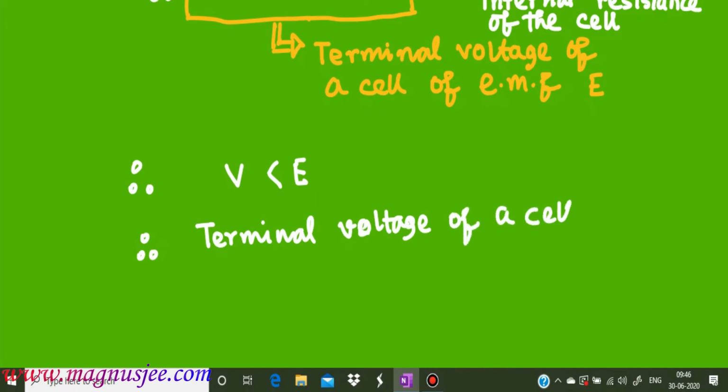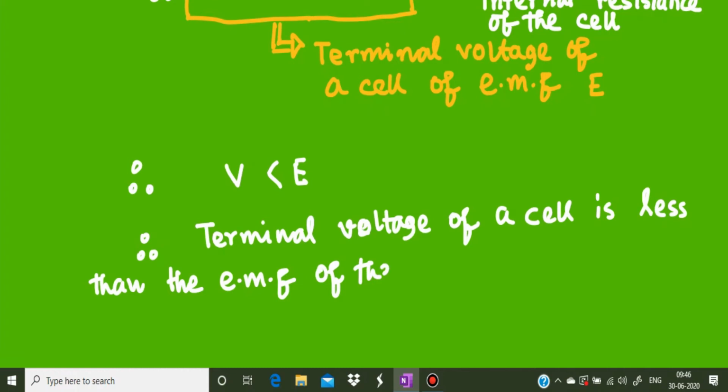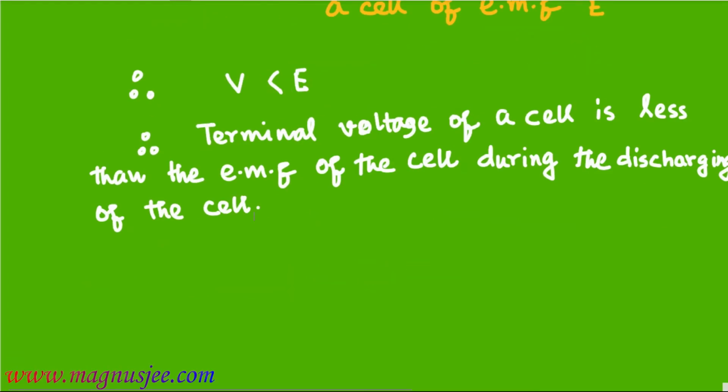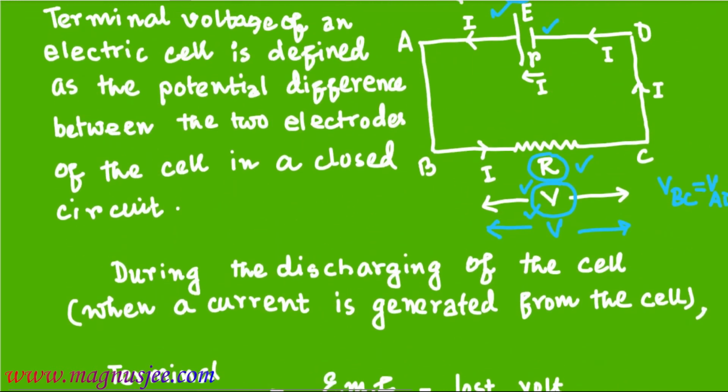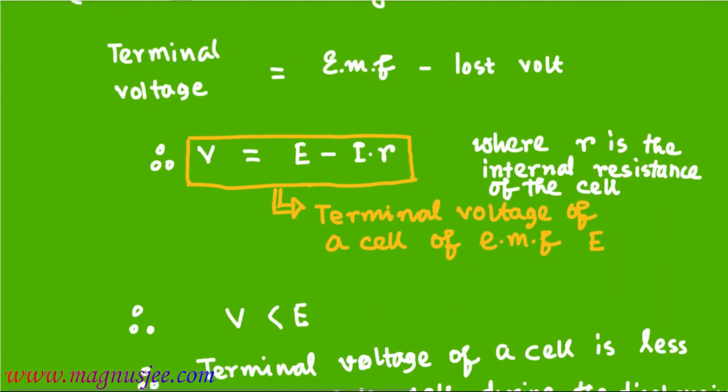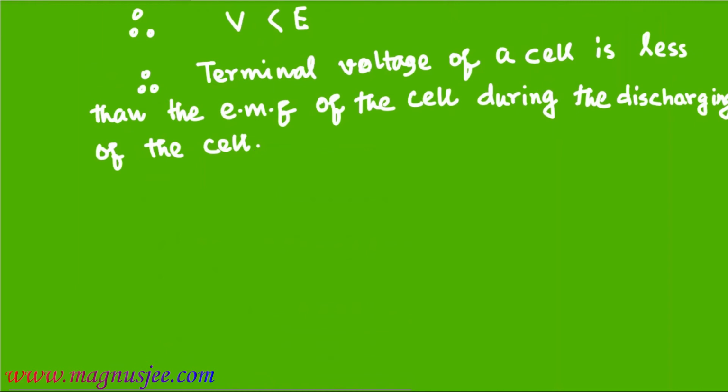Terminal voltage of a cell is less than the EMF of the cell during the discharging of the cell. And also we can consider the closed loop ABCDA containing the electric cell and the external resistance.